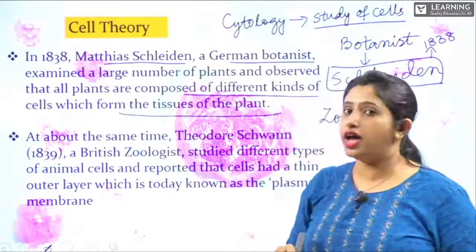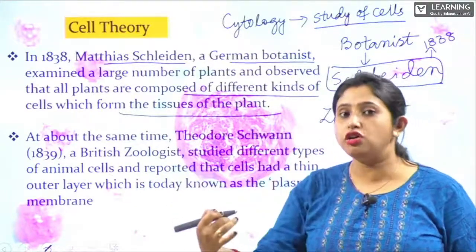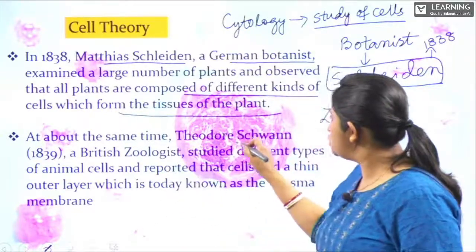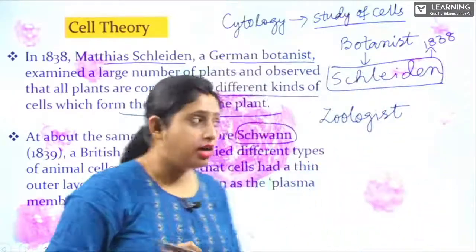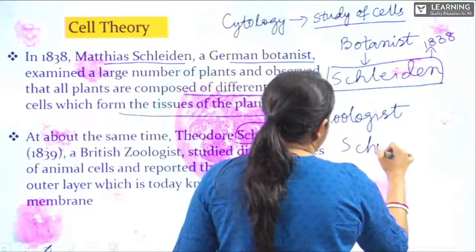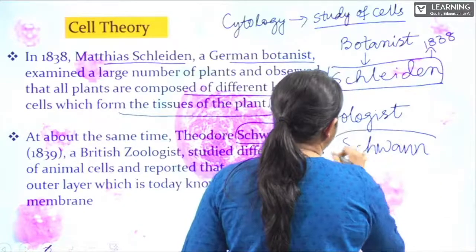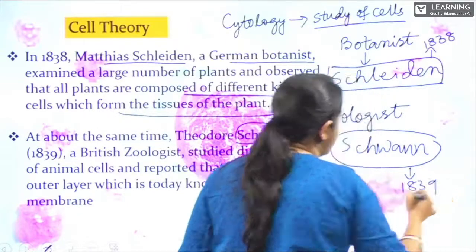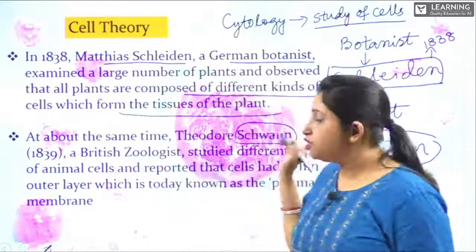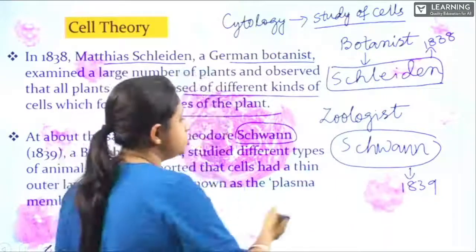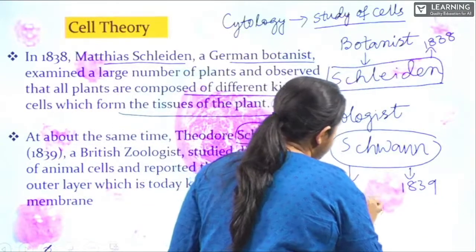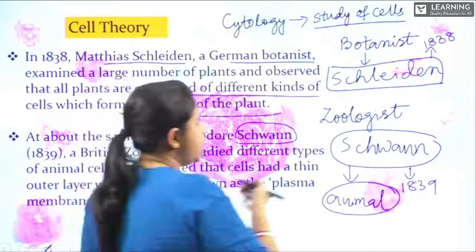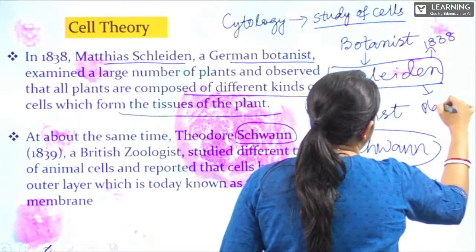He also observed that animal cells lead to the formation of animal tissues. He is known as Schwann. So Schleiden and Schwann. He observed this in the case of animals: all the animal cells lead to the formation of animal tissues, just as Schleiden observed in the case of plants.